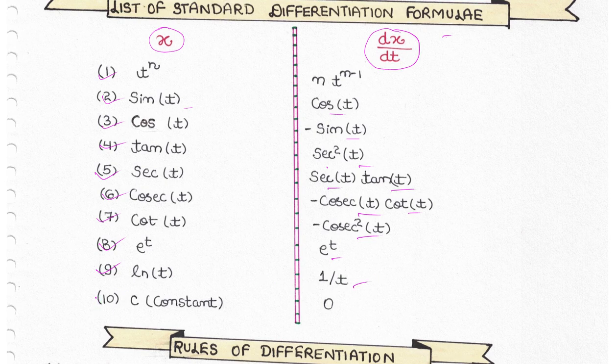And c, which is a constant value, its differentiation is 0.